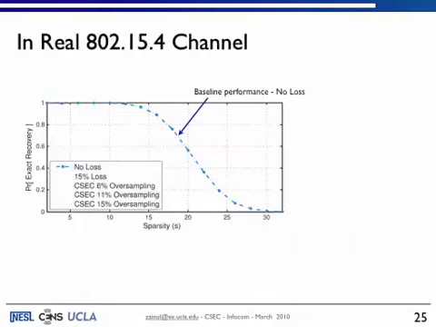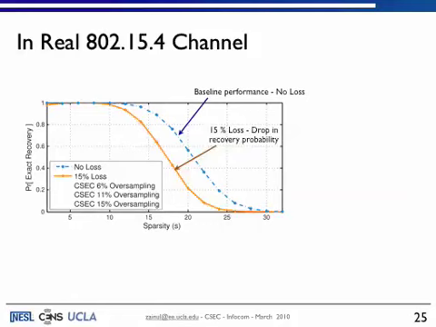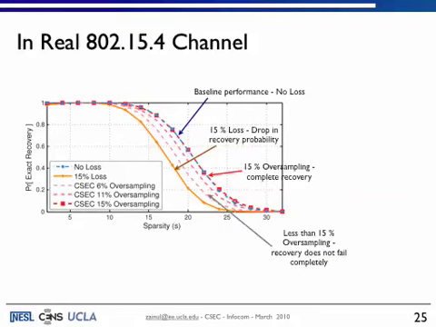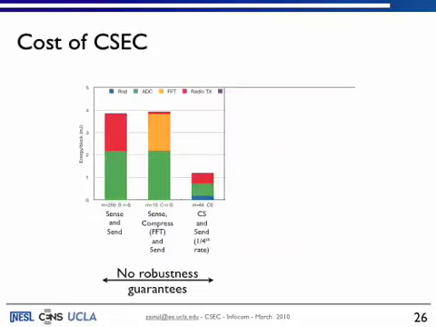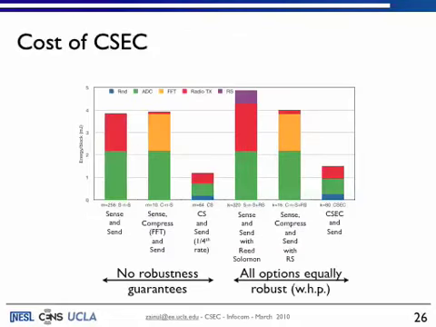I'm going to skip this, and this is with a real trace from an 802.15.4 channel. And here we show that there is some burstiness, but you can get back to the original baseline with 15% oversampling. So in terms of the computation overhead, we tried to compare 3 different scenarios.